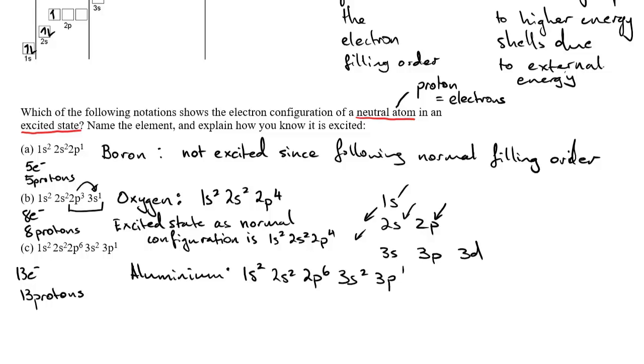So that should be the electron configuration of aluminium. And you look at that example and it actually matches exactly this. So aluminium is in the ground state.